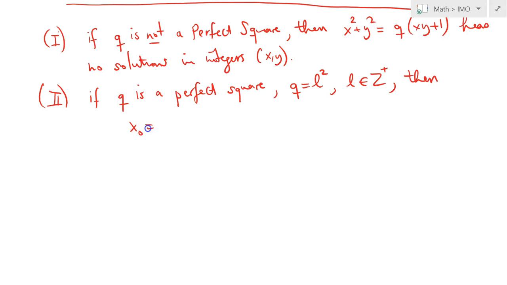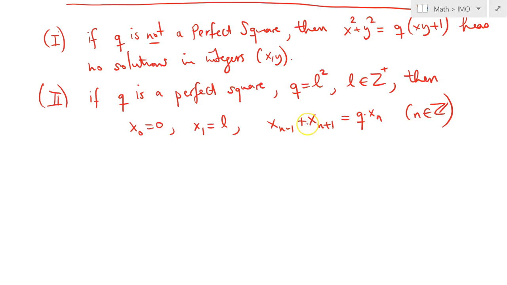So x0 is equal to 0, x1 is equal to L, these are your two initial conditions, and finally the recursive formula: x sub n minus 1 plus x sub n plus 1 is equal to q times x sub n, for n integers. Now this is beautiful.